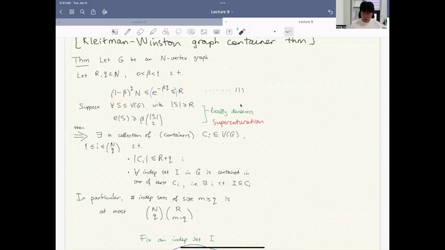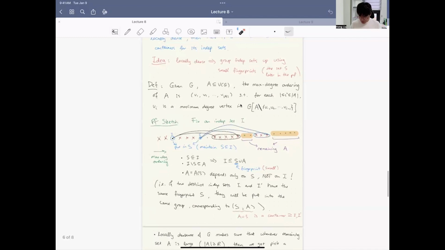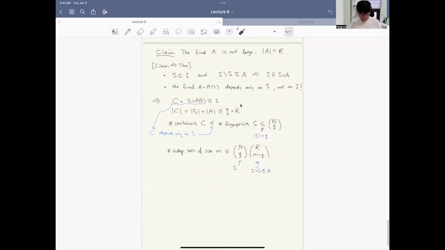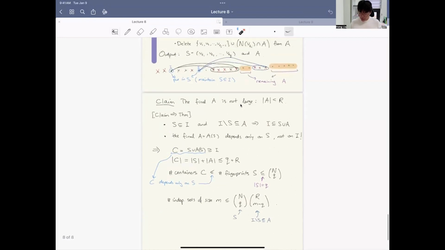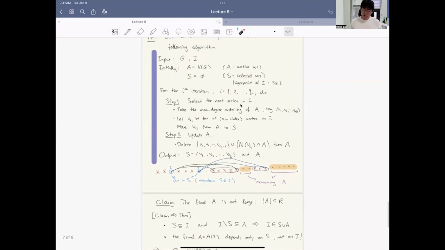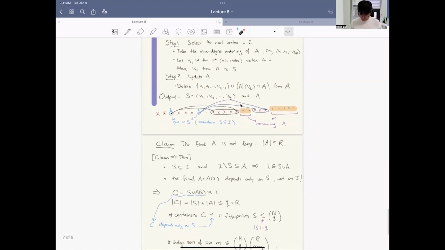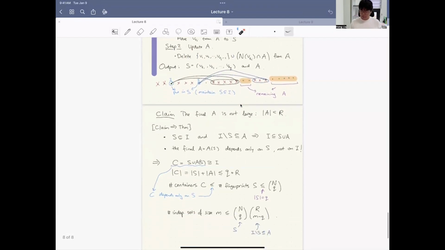Okay, where did we stop last time? Did we finish the, okay. Last time in the proof, we introduced this algorithm in detail. And we finished the proof using the claim that the final set A is not large.